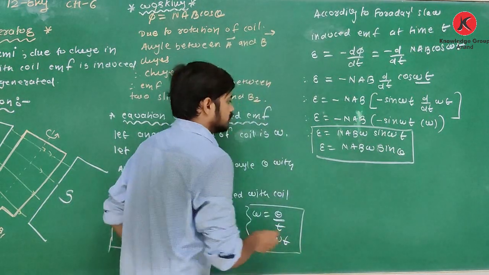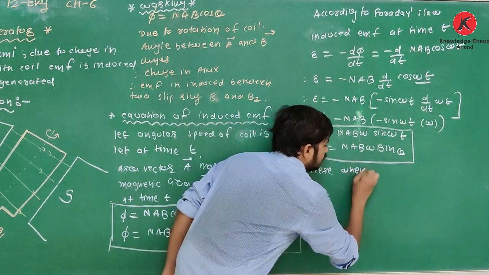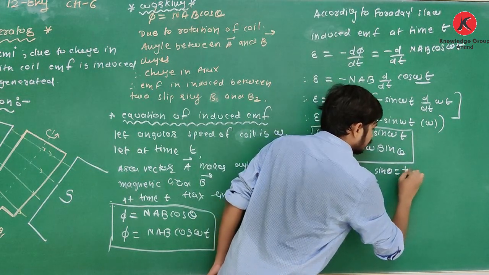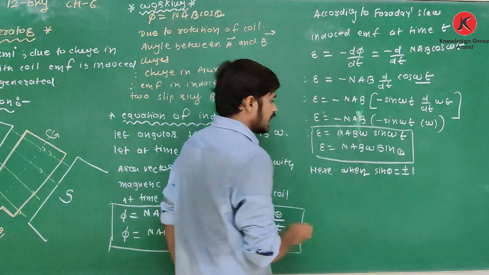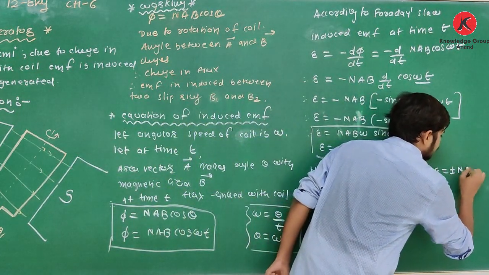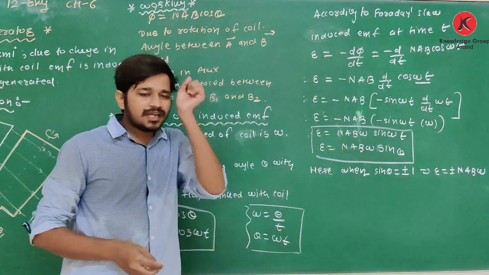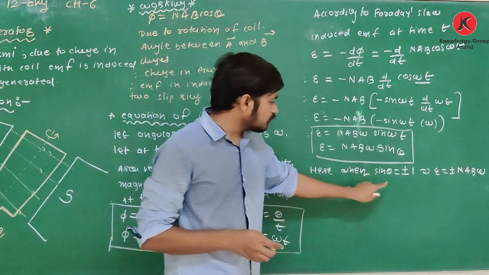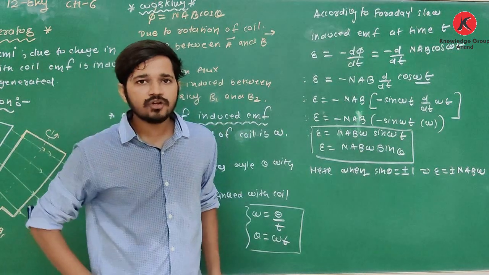When sine theta is equal to plus or minus 1, at that time E is equal to plus or minus NAB omega, and it is called its maximum value, because sine theta is equal to plus or minus 1. It is the limit, the range.